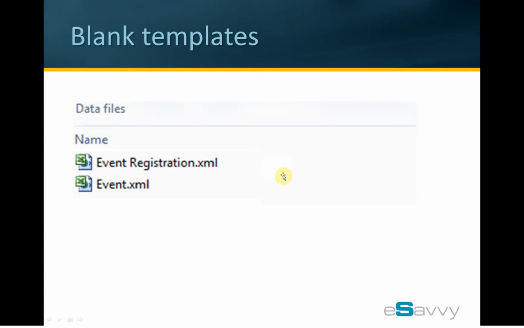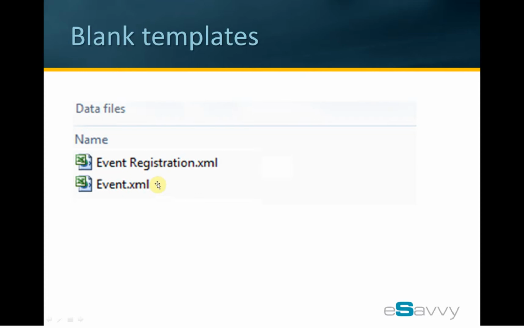Here you can see I have created two template files. These are blank files. Inside these files there is no data. However, inside these files the columns have been mapped to CRM fields already.